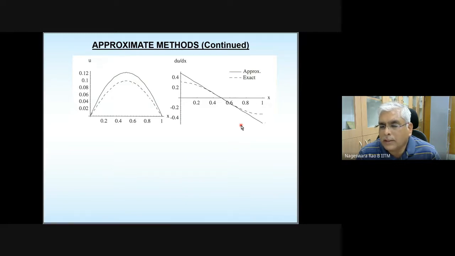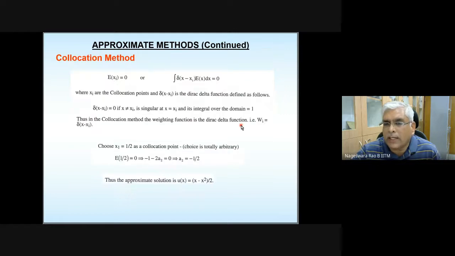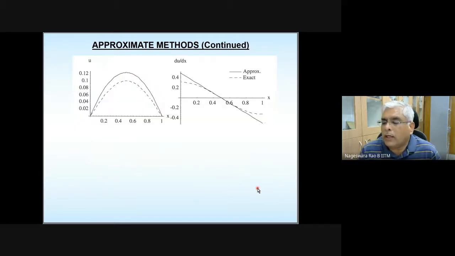No questions? And here, please note that this is the solution that you got by taking the collocation point equal to half. If somebody redid this problem using 0.25, the quarter point, they may get a different A2 value, and then the approximate solution is going to be different.